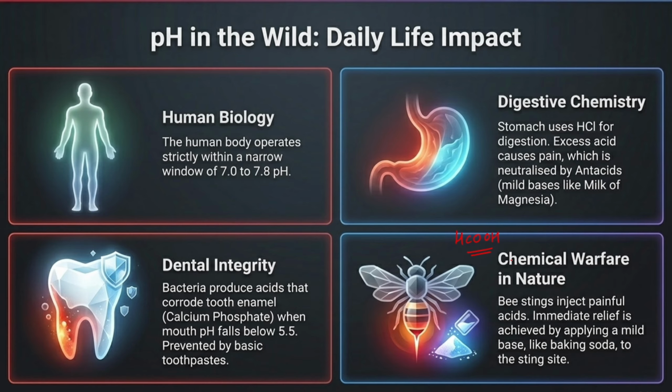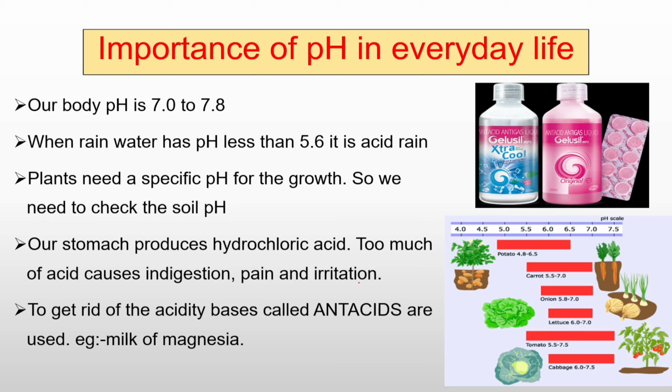It is a strong acid, so the affected area gets swollen quickly. In order to counter this, we have to apply baking soda to the sting site. Wherever it stings, we have to apply any form of base, either baking soda or even toothpaste. Sometimes it works to neutralize the reaction. So this we have already discussed.